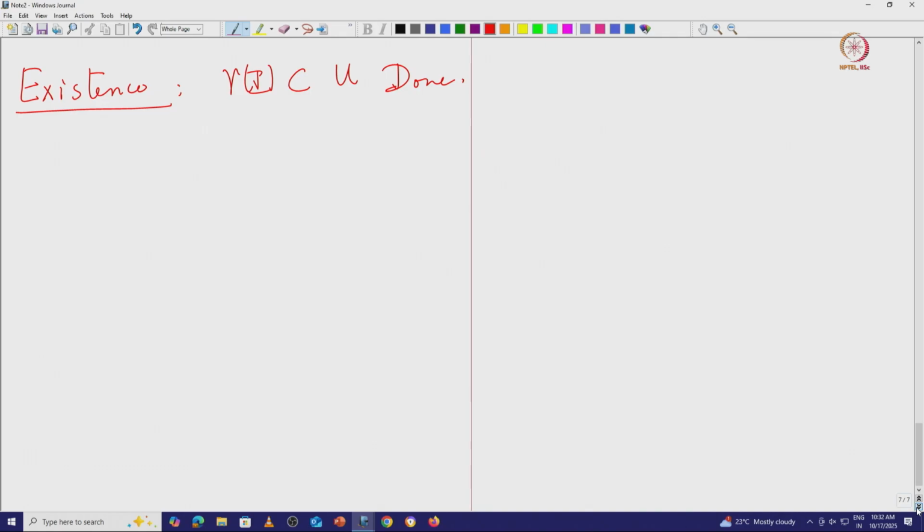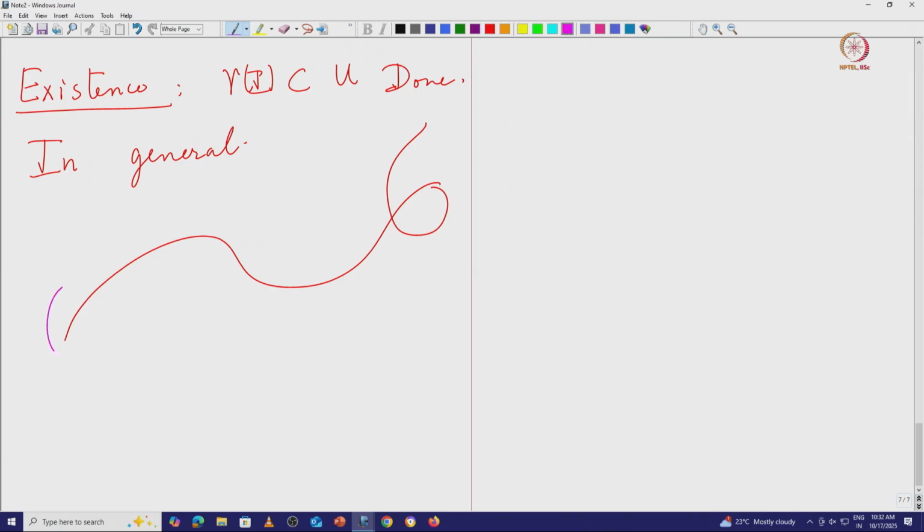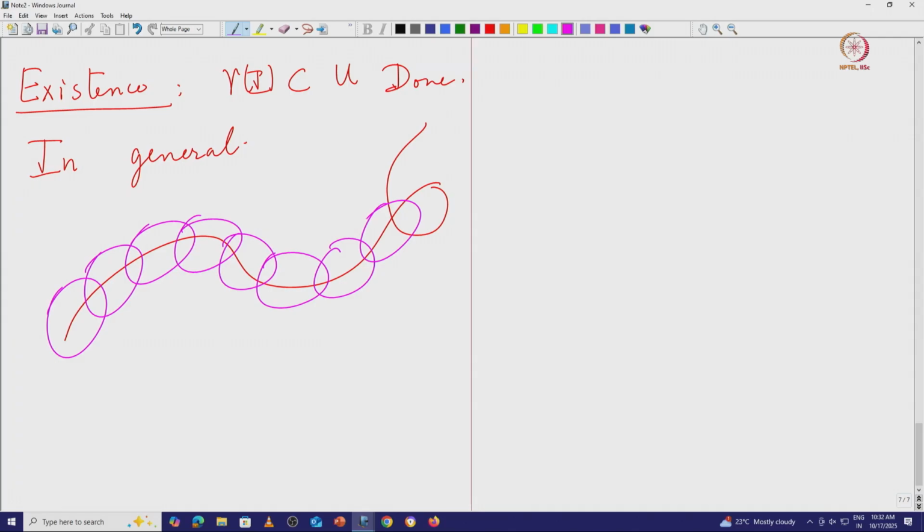On the other hand, in general, let me just draw a picture. So in general, you have this curve gamma which might self intersect, it does not matter. So what you do is you cover this with open coordinate neighborhoods.